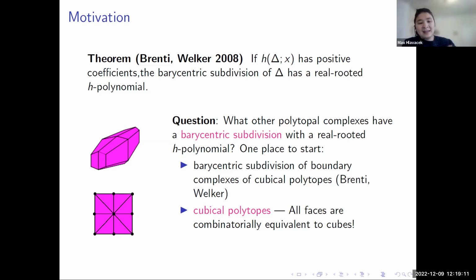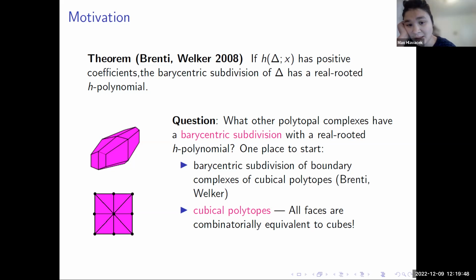Then they asked this question: is it true that if you take a polytope and its boundary complex, where the polytope doesn't even have to be simplicial, and you take the barycentric subdivision of this, which always results in a simplicial complex, and then take the h-polynomial of that, will you always get a real-rooted h-polynomial? This is a pretty hard question because there are a lot of polytopes. They already did the case of starting with a simplicial polytope as a special case of their theorem.